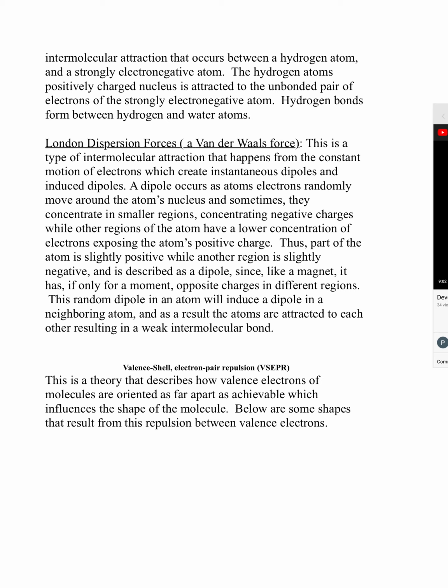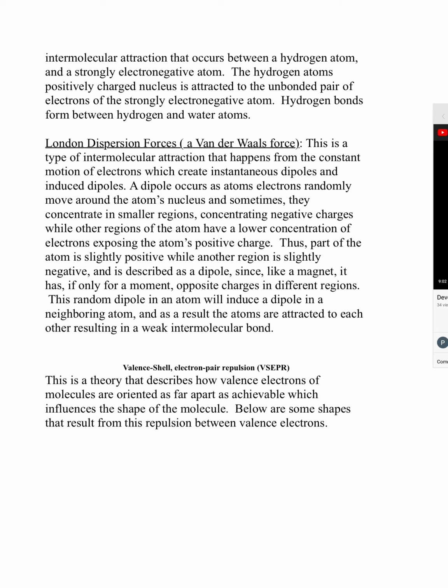Because when you talk about proteins in anatomy and physiology, you'll talk about the primary, secondary, tertiary, and quaternary structure. And the secondary, tertiary, and quaternary structures are all influenced to different degrees by hydrogen bonds. Now, the last part that we'll talk about is valence shell electron pair repulsion.